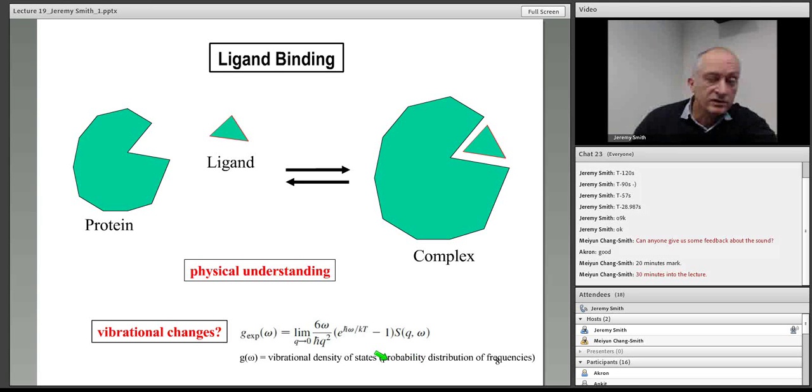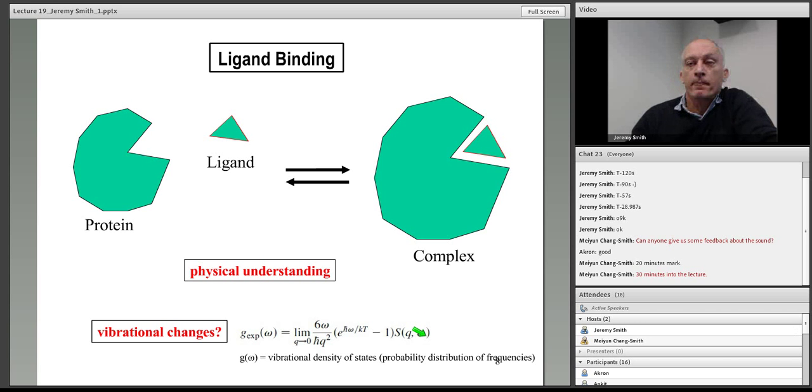How many frequencies there are, how many vibrations per unit frequency. Now this can be derived from what we measure, which is the dynamic structure factor.